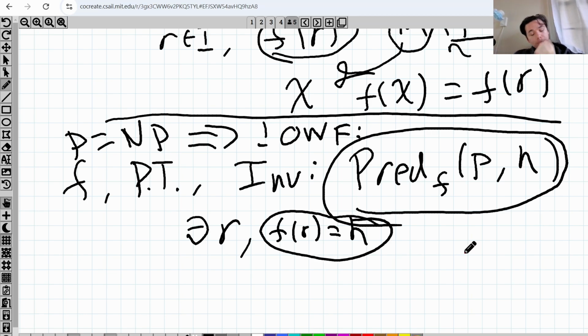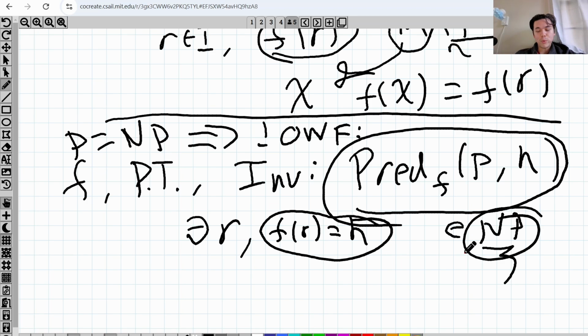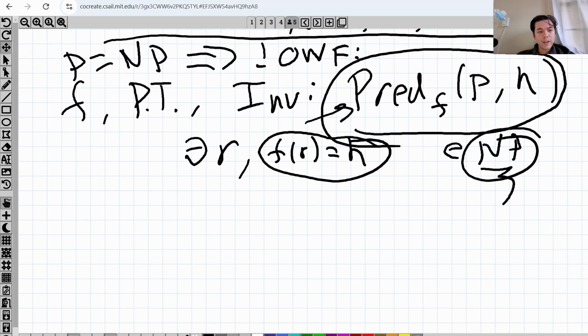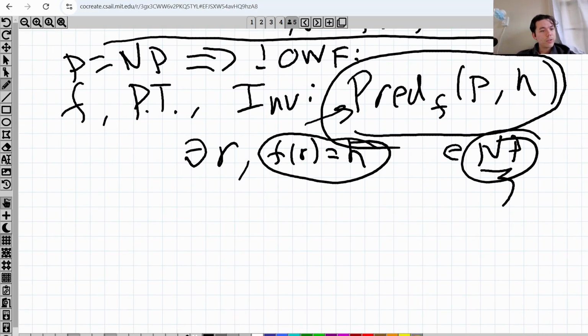This is something that no matter what, this is an NP problem. To go into the details of this, the reason it's an NP problem is because I can verify that it's true or false in polynomial time. And so, if I have this predicate problem, I can easily find an inverse to any input.